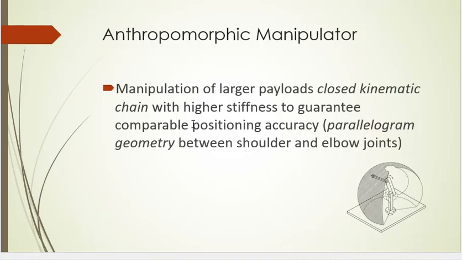Anthropomorphic manipulators have large payloads, and a closed kinematic chain with higher stiffness guarantees comparable positioning accuracy. With the parallelogram, we can make this parallelogram geometry between the shoulder and elbow joints.